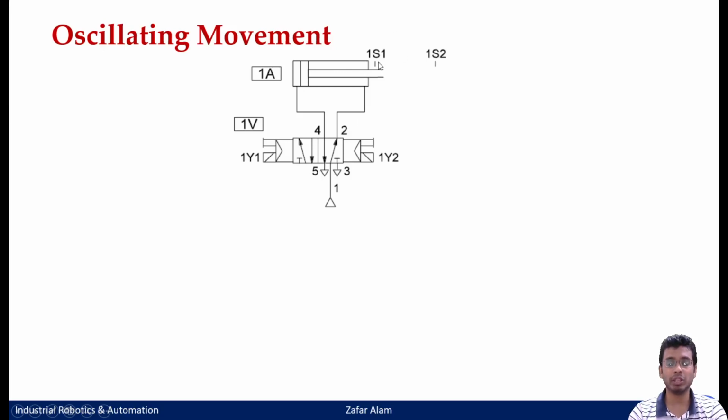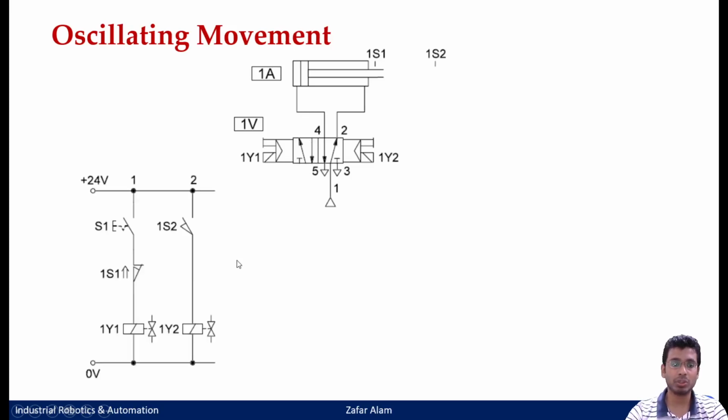In the previous case, we used only one limit switch, that was 1S2. Here you will be using two limit switches, 1S1 and 1S2, to detect the two end positions of your pneumatic cylinder. 1S1 is detecting the retracted position, and 1S2 is detecting the completely extended position of the same cylinder 1A. So the circuit diagram for this would be here.